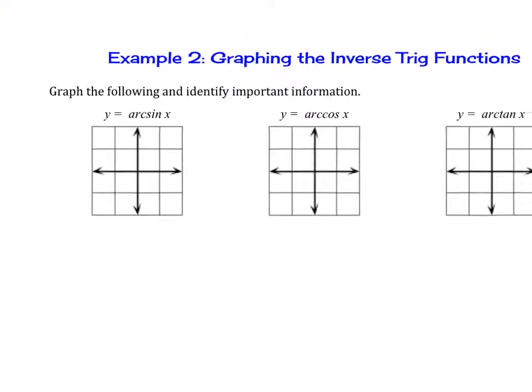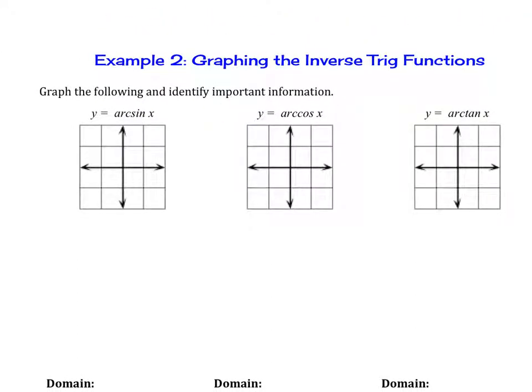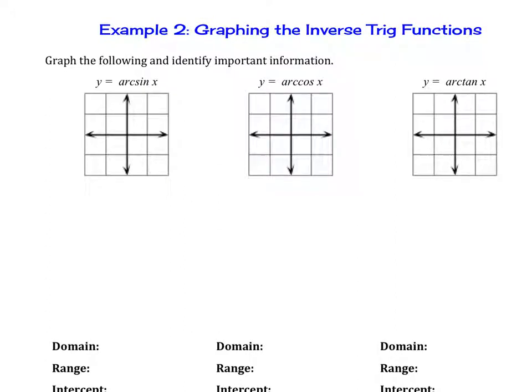So let's graph the inverse trig functions. One way to think about that is to consider what our x values would be when graphing sine of x. Let's start with negative pi over 2, and then 0 and pi over 2. What is the y value when x is 0? That is 0.